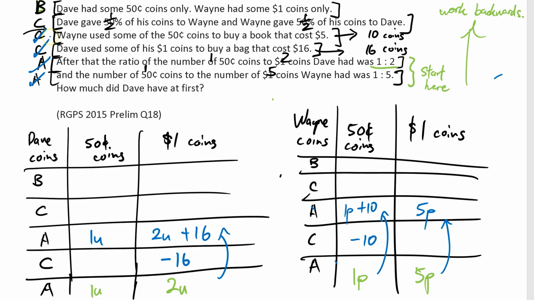So now we are only left with those B and the 2 lines up there, before and the change. So now if Dave gave half of his coins to Wayne, imagine this, Dave gave half of his 50-cent coins to Wayne. At first, over here, what would this have been?